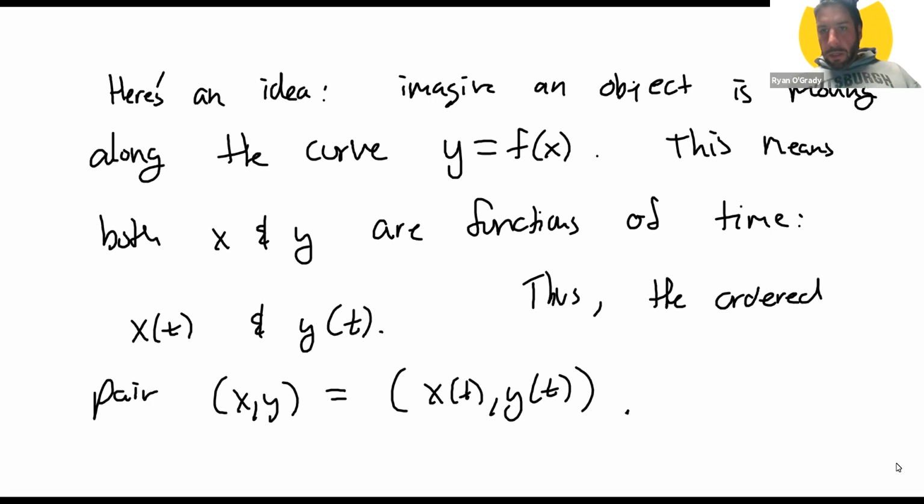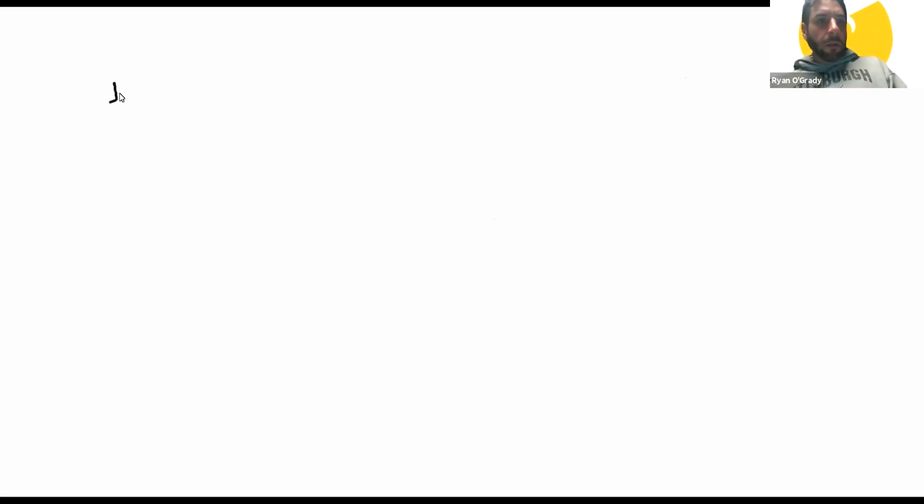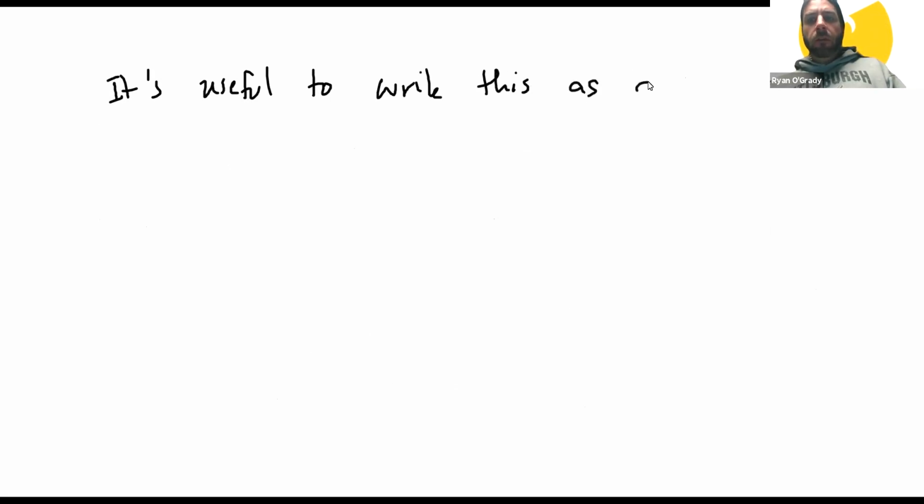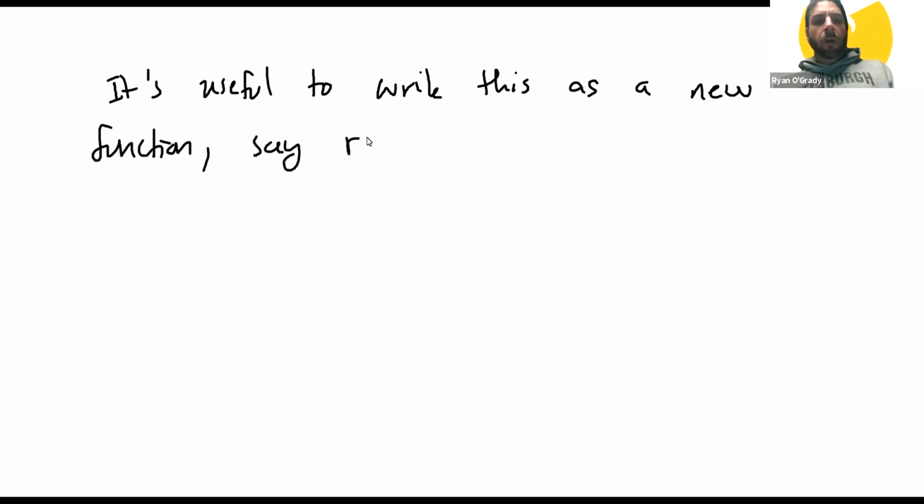So what it's useful to do is write this as a new function, say r of t. So r of t is equal to some function of t, comma, some other function of t.